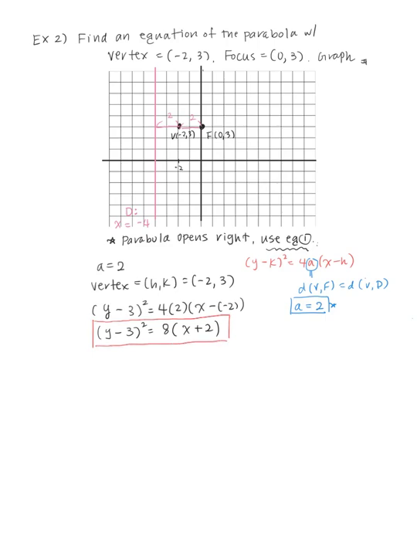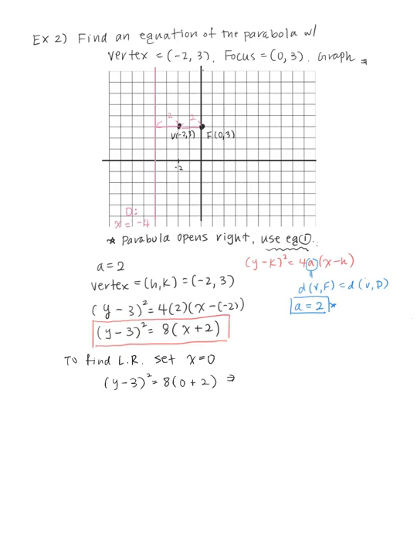Now to graph it out, we're going to have to find the latus rectum. To find it, you draw a straight line through the focus, and that line better be parallel to our directrix. I'm just going to denote it as LR. We set x equals 0 and plug that value into the equation that we just got. So y minus 3 whole quantity squared equals 8 times 0 plus 2.